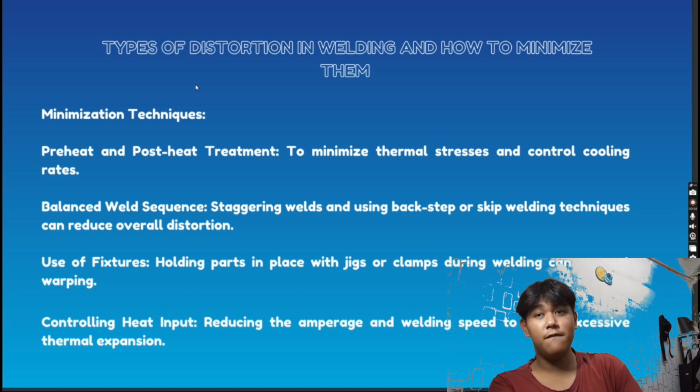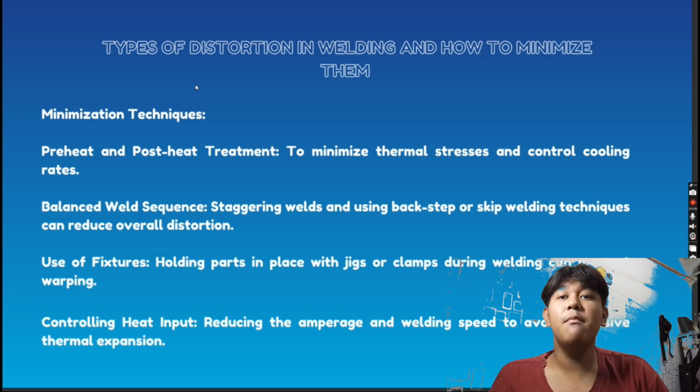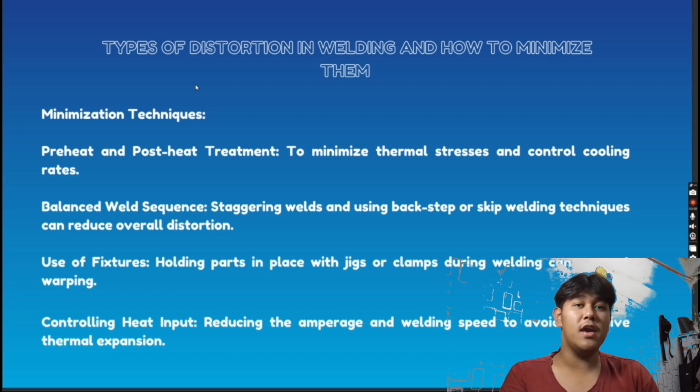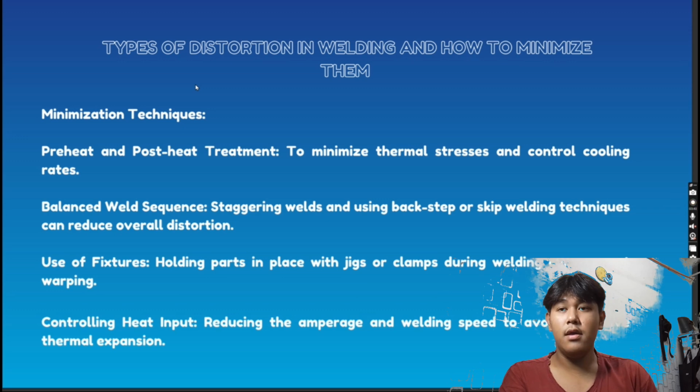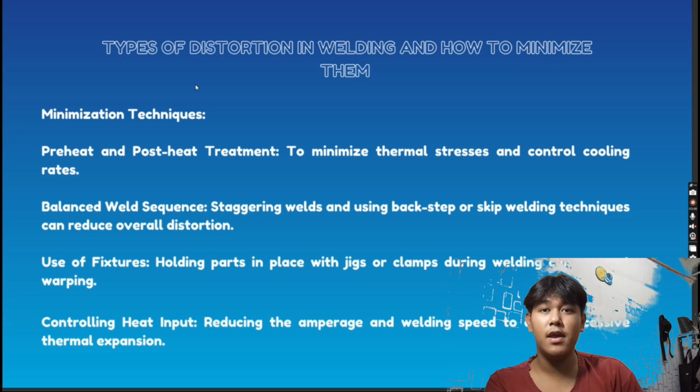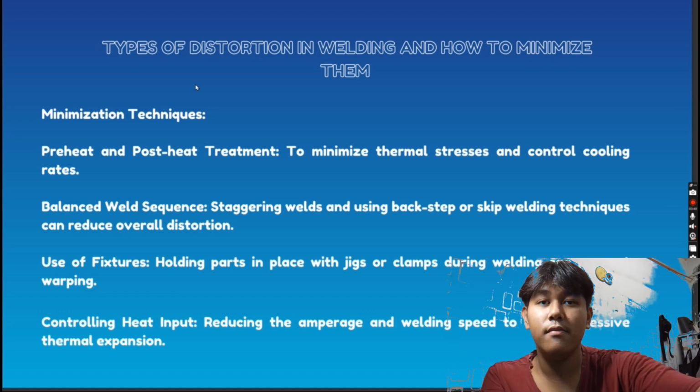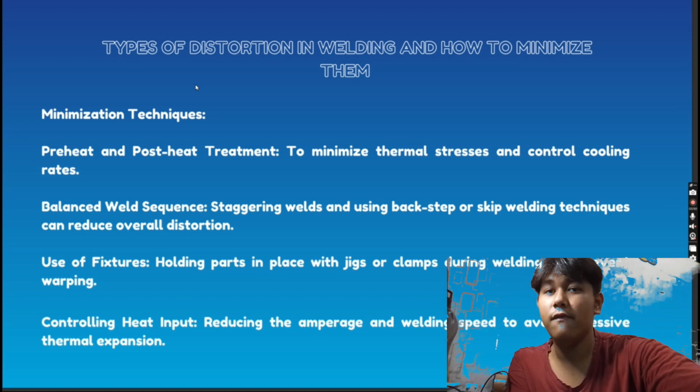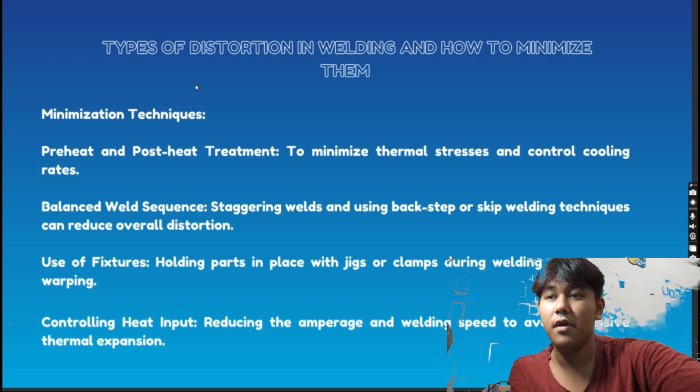Next is use of fixtures. Holding parts in place with jigs or clamps during welding can prevent warping. And the last one is controlling heat input, reducing the amperage and welding speed to avoid excessive thermal expansion.